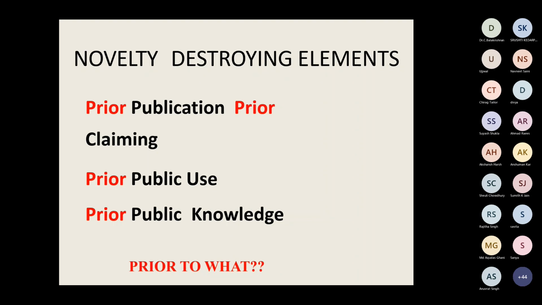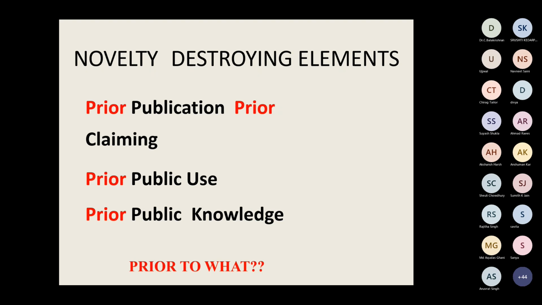If you have filed the application on 1st of December 2022 and someone else has published it, or maybe you have also published it on 5th of December. Just take this example and try to understand the chronology.